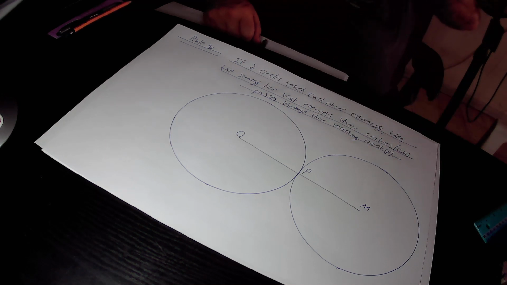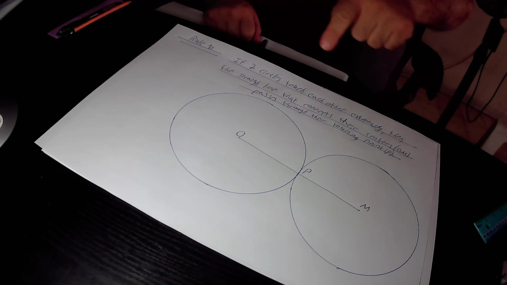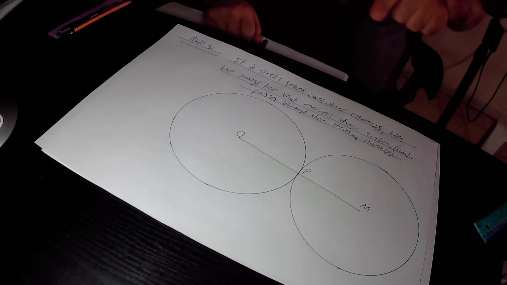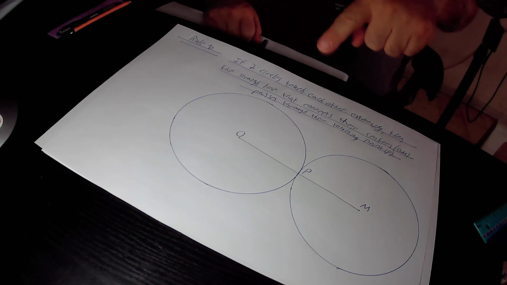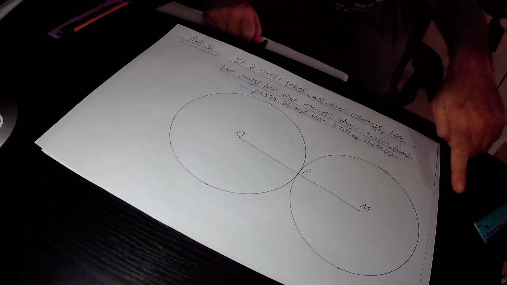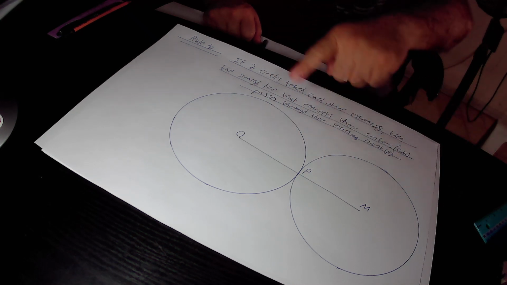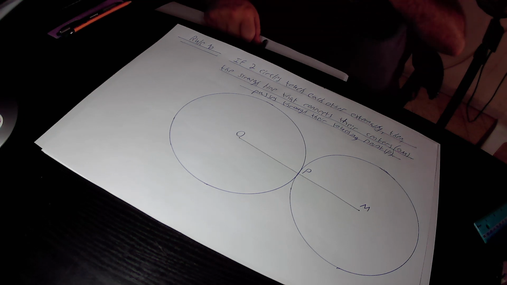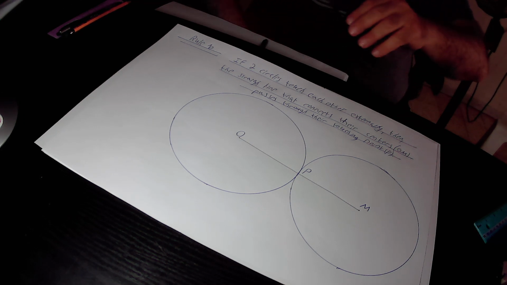According to rule 10, the straight line OM passes through their touching point, that is point P. Or OPM is one straight line. So you can actually implement rule 10 in our drawing.